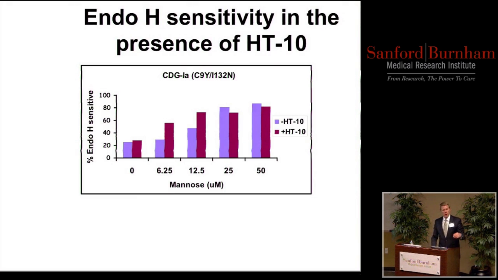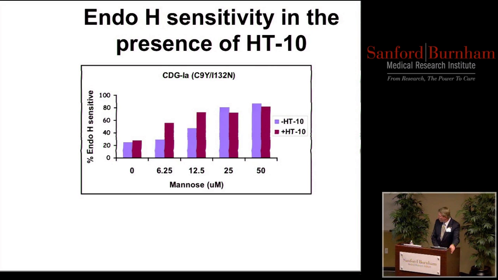And so if you look at one of our CDG-1A patients, and we didn't have all the patients like Brandon just talked about, we only had a limited number, we picked this one, and as you can see, when we add this compound we called HT10, high throughput screening compound 10, but there were 200,000 that went through the screening, so it's not quite that simple.